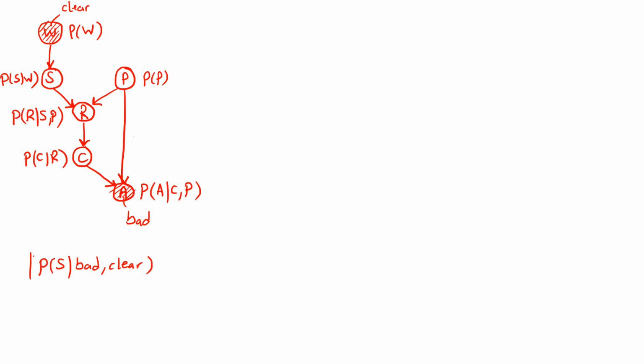So that's the probability that I now want to infer: P of S given A is bad and W is clear. Now in number B, I want to do that using inference by enumeration.